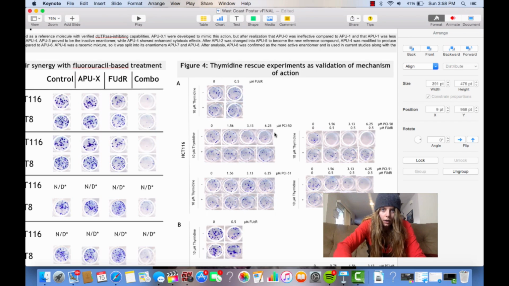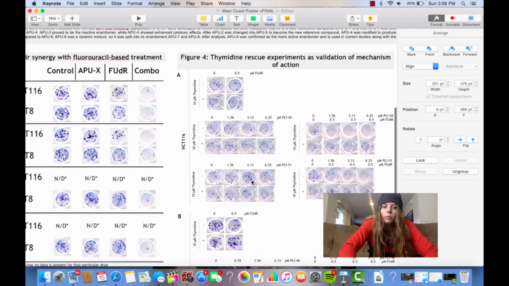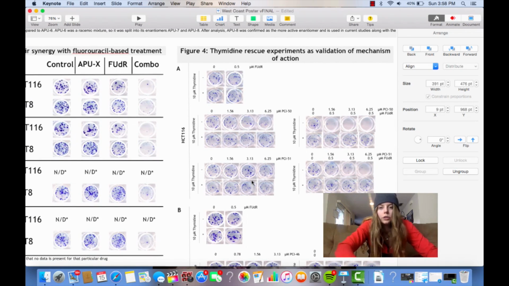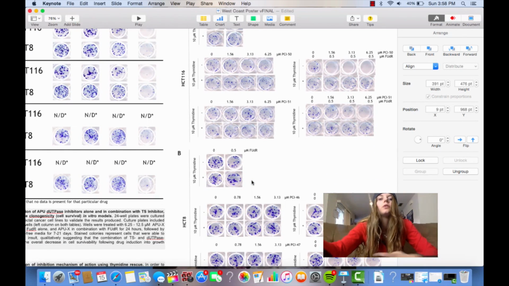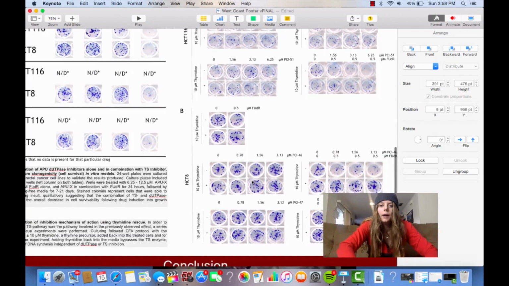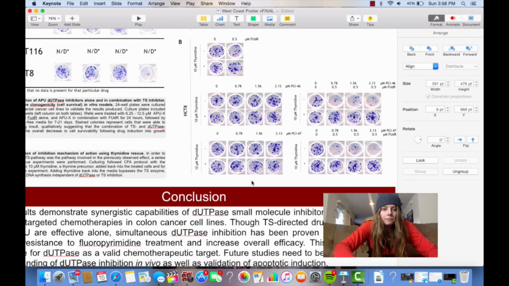They shouldn't die because we're giving them thymine. Because again, remember, we're trying to deplete the cell mixture of thymine using the 5-FU and the DUTPase inhibitor. We're trying to get rid of the thymine so they incorporate uracil into the DNA and die. If we add thymine back, they should have thymine and not have to incorporate uracil into their DNA. So we tested that, we added thymine, it worked, which meant the pathway that we thought we were targeting, we were actually targeting, because once we added thymine back into the mixture, the cells didn't die.